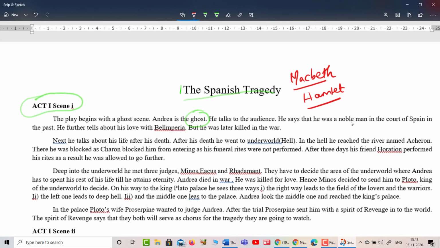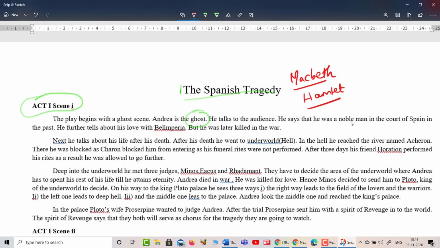And moreover, it was the belief of the Elizabethan audience that ghosts exist in our daily life. So there is no doubt that our dramatist, Thomas Kyd, has used the ghost scene in the very opening of the play.